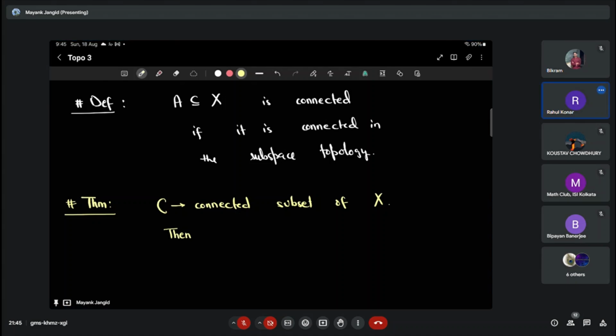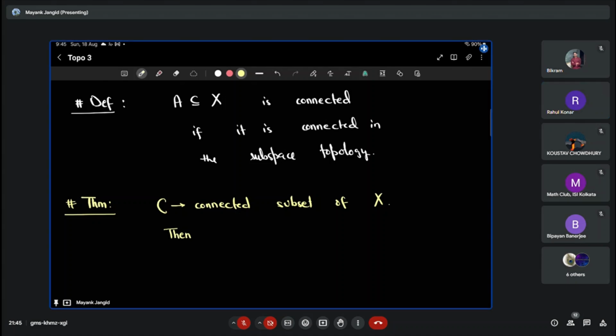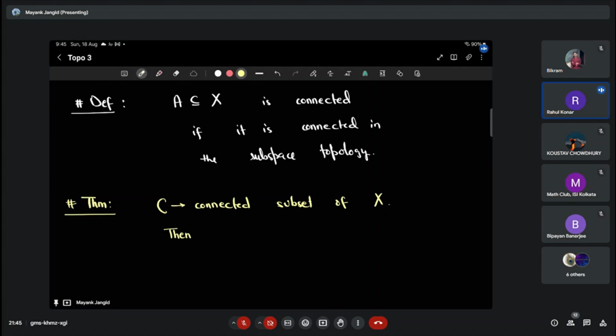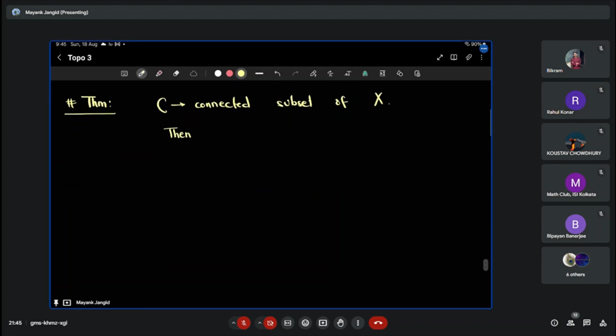Yeah, like you need to have the subset as a topological space to talk about continuity, because we defined it in that way. So what I'm saying is I will call it connected if it is connected in the subspace topology given by X. Okay. So fine.